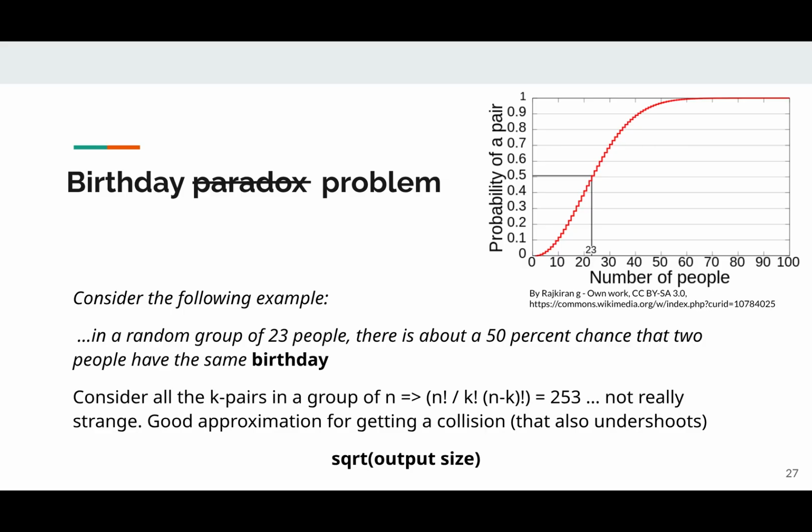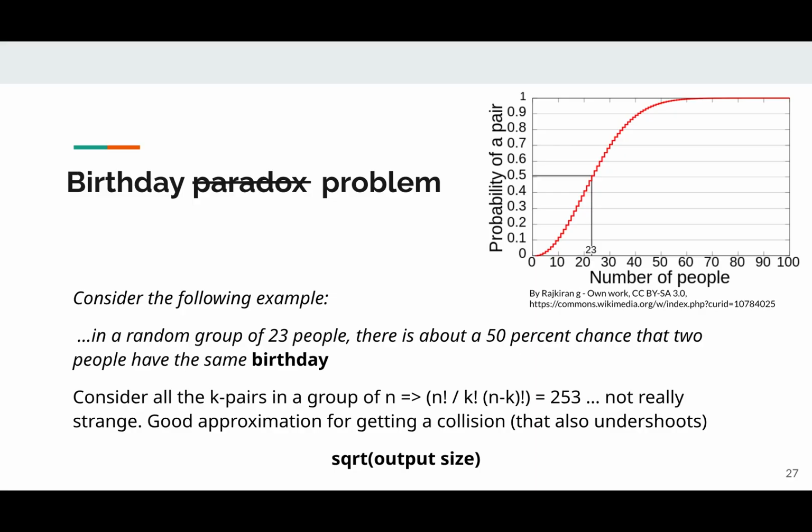So for these days in a year, it's quite probable that in a group of 23 people, you'll find two people that share the same day in that year, right? 253 is here kind of the output size, and therefore, it's a 50% chance that you'll find some people having the same birthday in that size of a group.